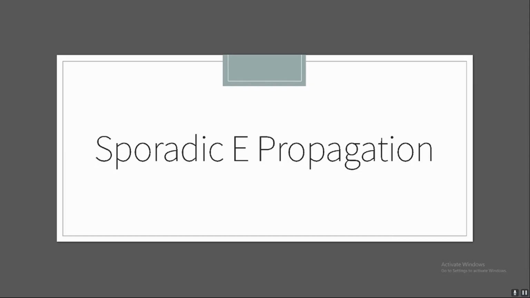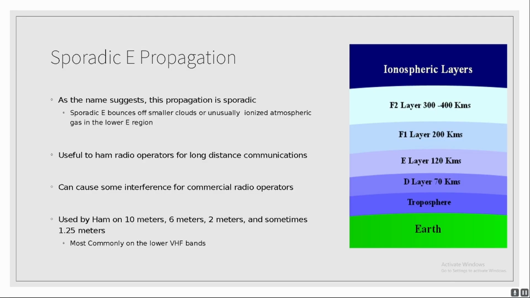So we'll move into sporadic E. As the name suggests, it is sporadic. It bounces off smaller clouds or unusually ionized atmospheric gases in the lower E region. Over on the right side, you can see the ionosphere layers. You can see the E layer is up there at 120 kilometers. It's useful for long-distance communications.